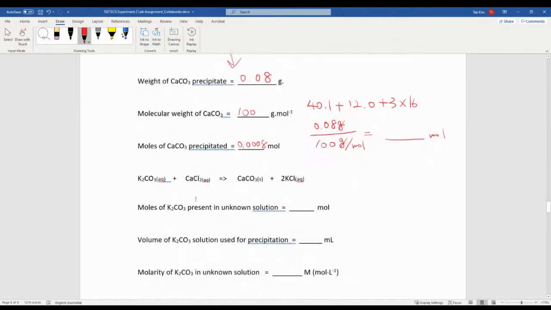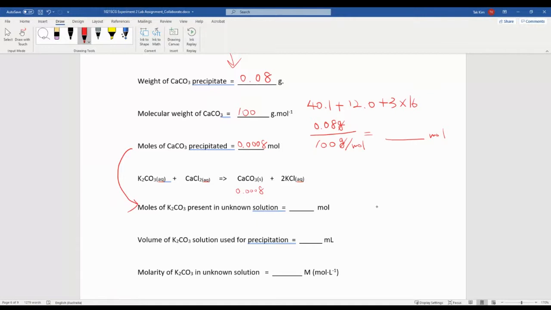From here to here, you also need to write a certain number down. And from here to here, you don't really have to do any calculation. You will need to have a look at the stoichiometric ratio. So that is the number of moles of your product, which is 0.0008, right?